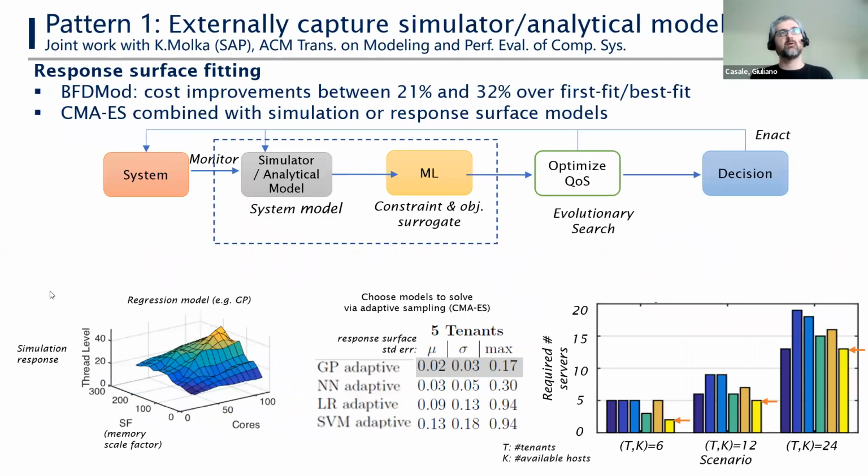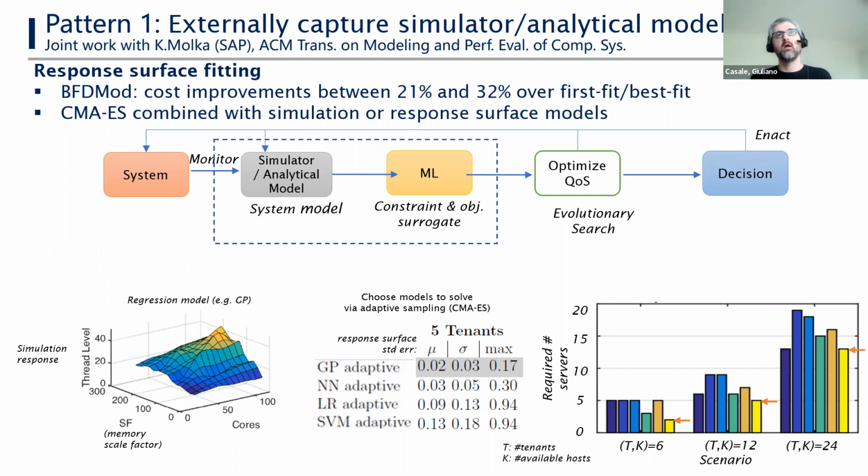I will start with perhaps the simplest pattern, which is the idea that you are conducting a QoS analysis or prediction study. Maybe you want to configure the first deployment of an application. Then what you do is run your simulator-based model or analytical model with very many combinations of parameters to build the surrogate surface that describes the way the system responds to these changes in configuration.